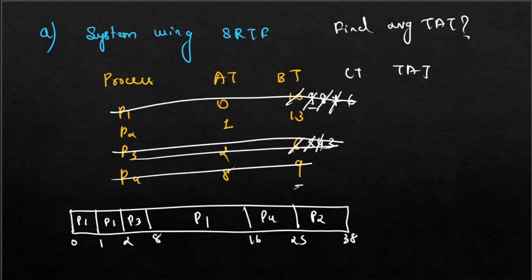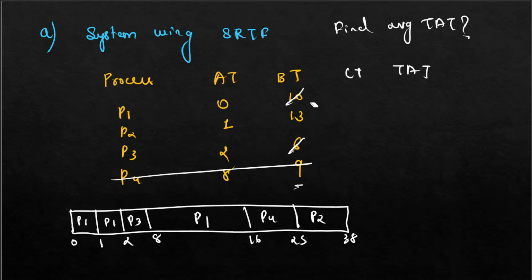So let's see the completion times now. Completion time of P1 is 16, of P2 is 38, of P3 is 8, and of P4 is 25.